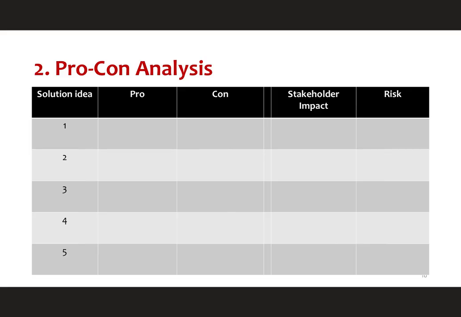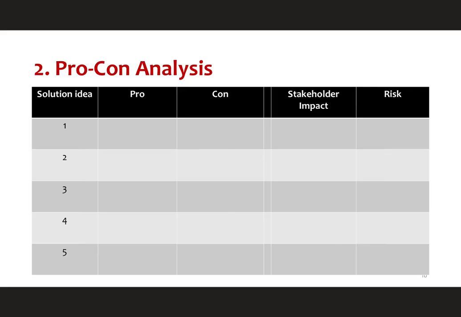On the right hand side, I put in the stakeholder impact. So the impact can be positive, the impact can be negative. So you list down the impact of the idea. And also you have the risk involving each idea. So in here you're going to write down what are the risks of using this idea.